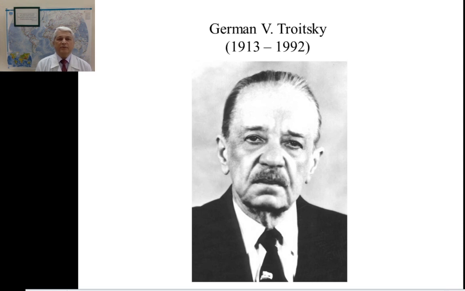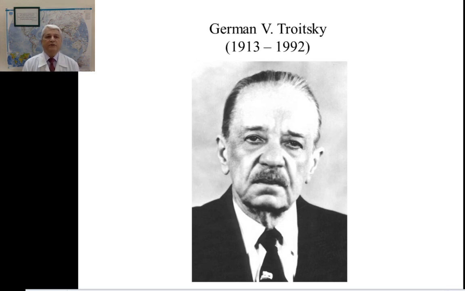He became the head of the department in 1953 and worked as professor in this department until his death in 1992. So he was head and professor of the department nearly 40 years.